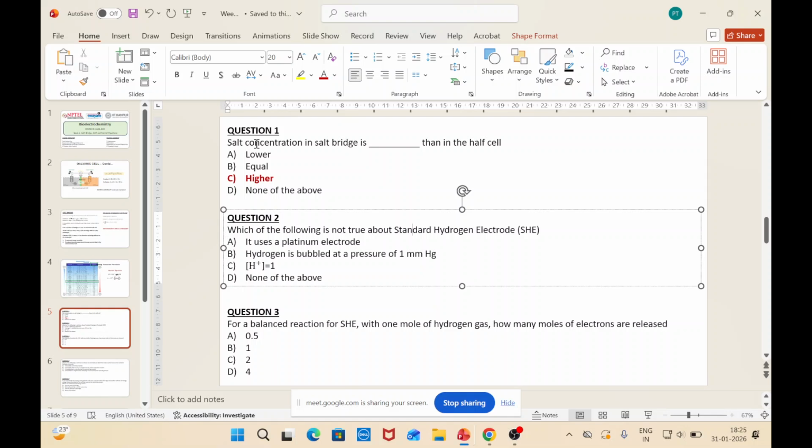Yeah, this should not be difficult. Which one of the following is not true about SHE?